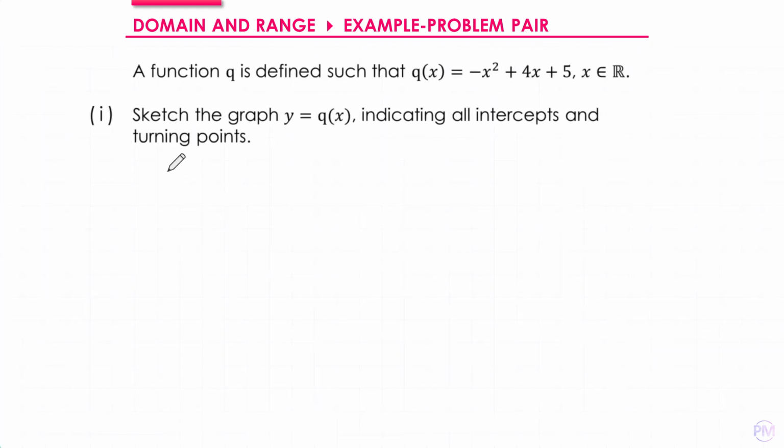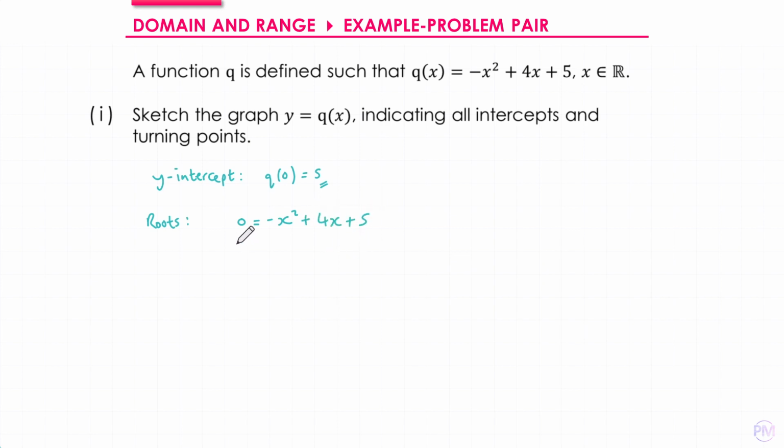Welcome back. To begin with, we'll start by finding the y-intercept. When we put in x equals 0, we get 0 squared plus 4 lots of 0 plus 5, which is 5. Next, we'll find the roots. So putting in y equals 0 gives us 0 equals minus x squared plus 4x plus 5.